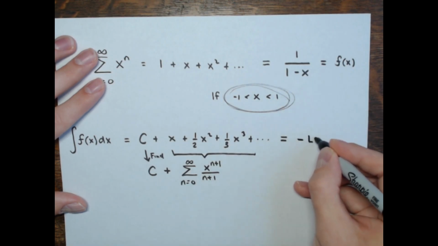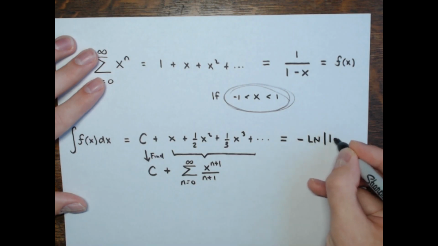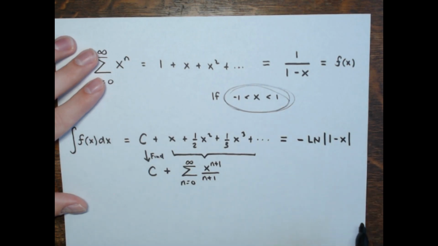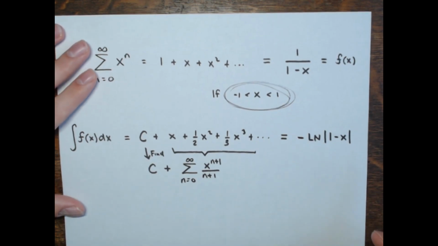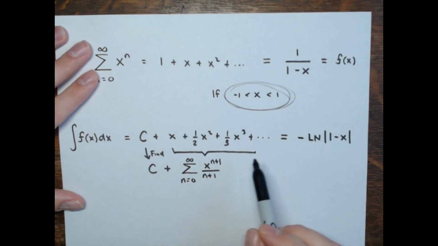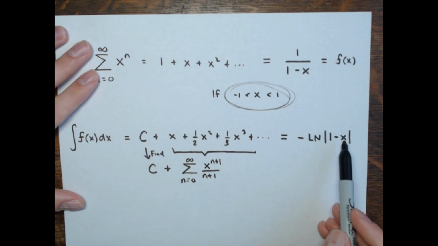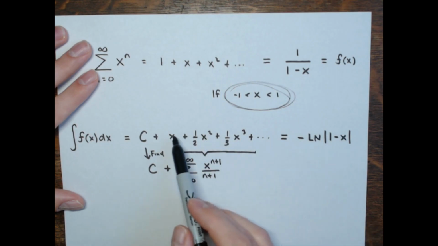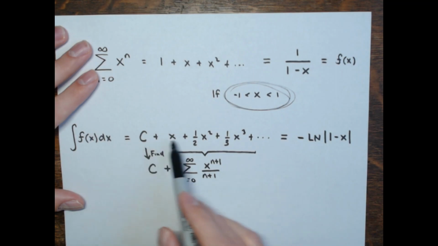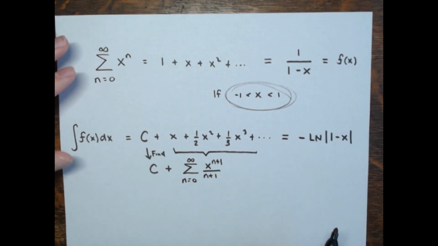This is negative natural log of the absolute value of 1 minus x. And then to find c, if I put in, say, 0 for x, we'd get 0 on this side, and then all these would be 0. And so c must be 0 as well. But we'll do that when we look at the individual functions that we're talking about.